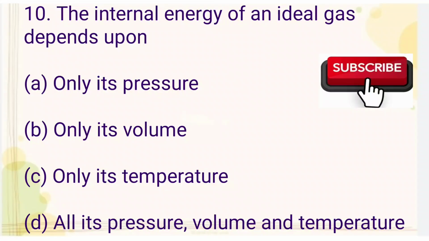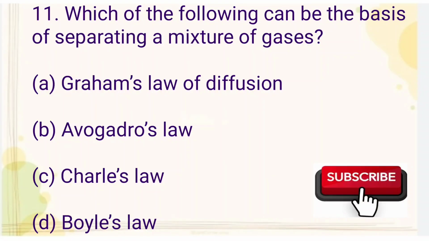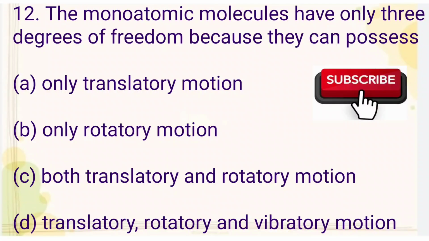The internal energy of an ideal gas depends upon only its temperature. Which of the following can be the basis of separating a mixture of gases? Option A is the correct option.